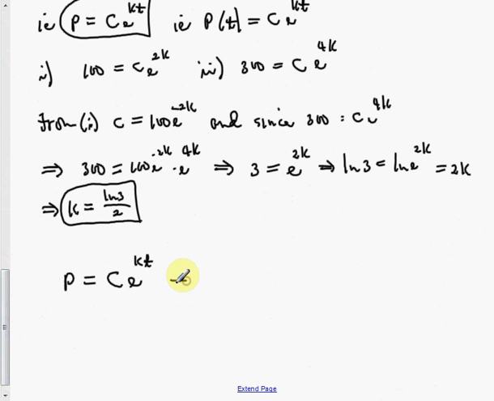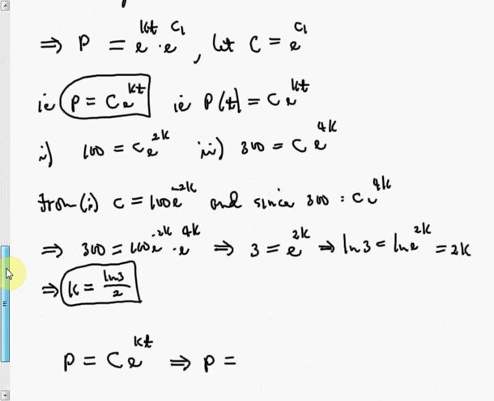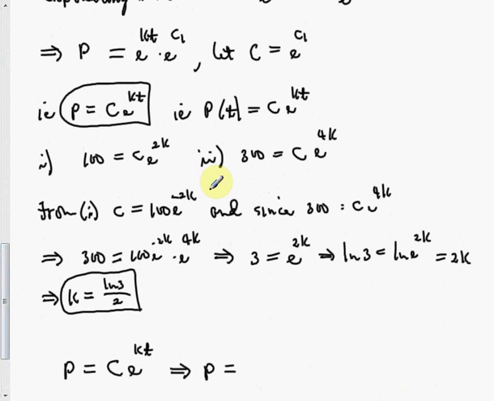So we say this implies that P is equal to C times e to the kt, but C is equal to 100 times e to the negative 2k, and then that's times the e to the kt.